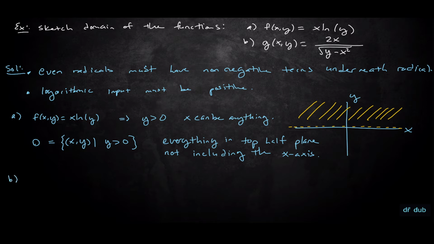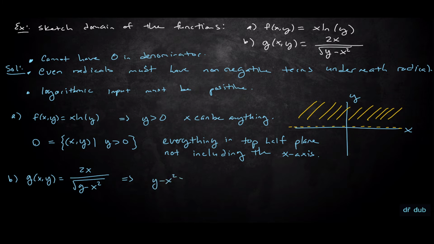Part B. g of x, y equals 2x over square root of y minus x squared. Oh, I forgot probably the most important one. You cannot have 0 in the denominator, of course. So for this one, the radical would tell us y minus x squared should be greater than or equal to 0.